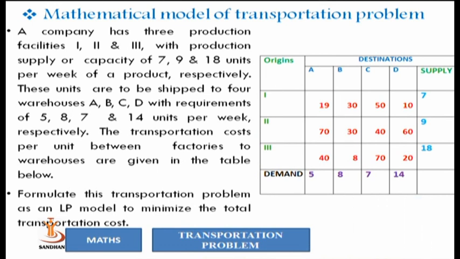So when we are given a problem like this in words, we have to formulate the problem and put the data into a matrix form as shown here in the table. Using the linear programming technique, we will try to develop and formulate the model as shown.